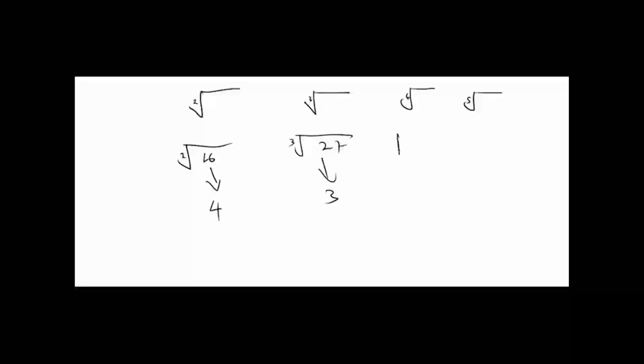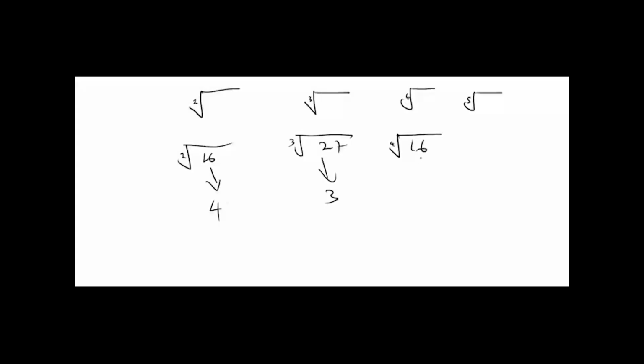So if you have something like this too, let's say you have 4 here and you have 16 here. It means you should find a number you multiply by itself 4 times and the answer is 16. Of course, it is 2, as you have 2 by 2 by 2 by 2 to be 16. So you just pick one of them as your answer.